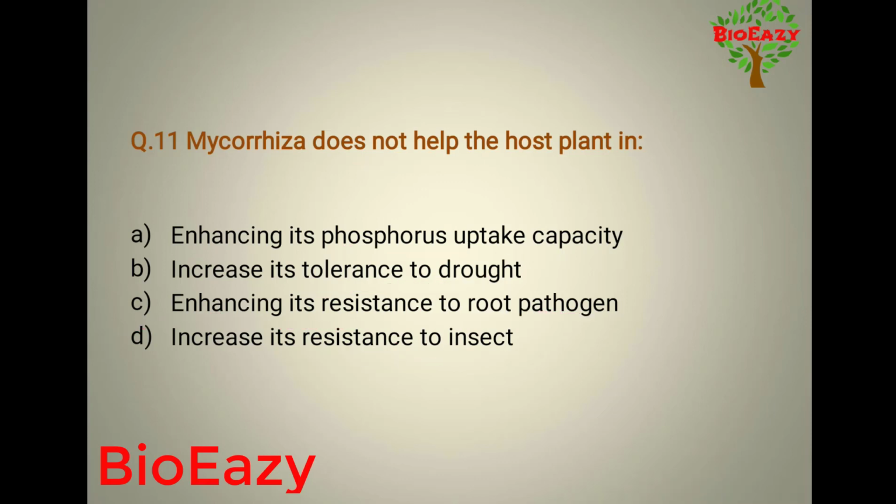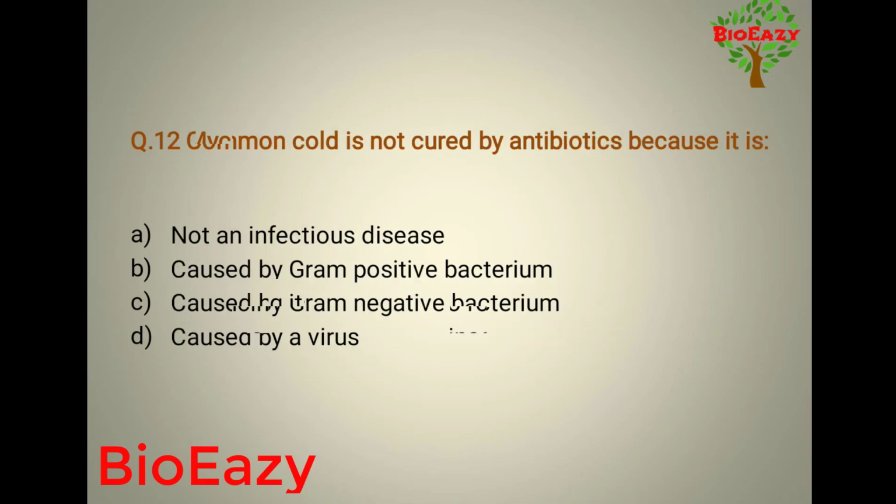Yes, so your answer is D. Next is, common cold is not cured by antibiotics because it is not an infectious disease caused by gram-positive bacterium, caused by gram-negative bacterium, caused by virus. Yes, your answer is D.